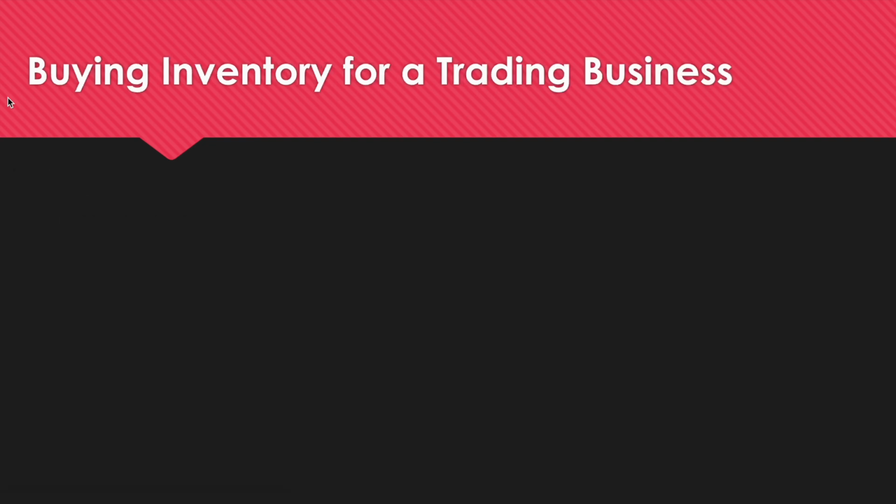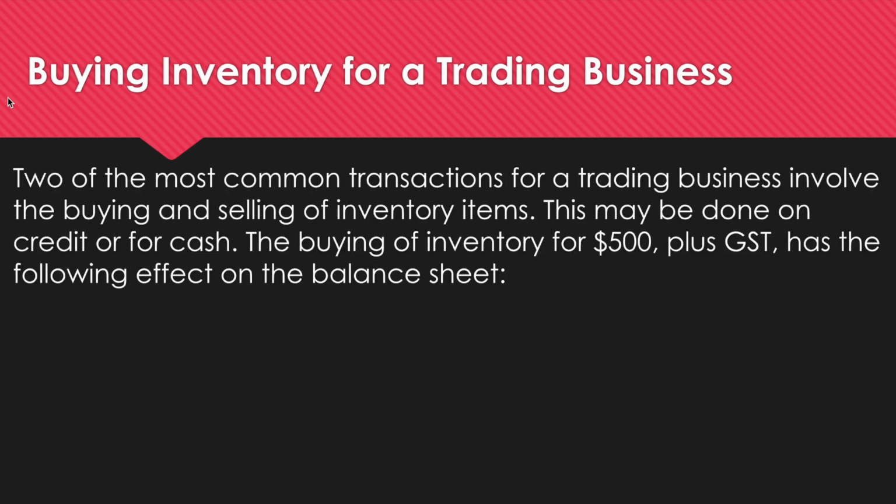So now we're buying inventory for a trading business. Two of the most common transactions for a trading business involve the buying and selling of inventory items. This may be done on credit or cash. The buying of inventory for 500 plus GST has the following effect on the balance sheet. Think of this as another example.